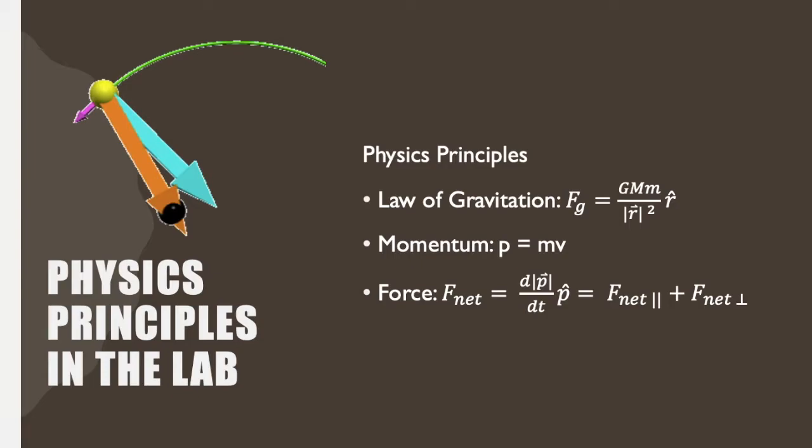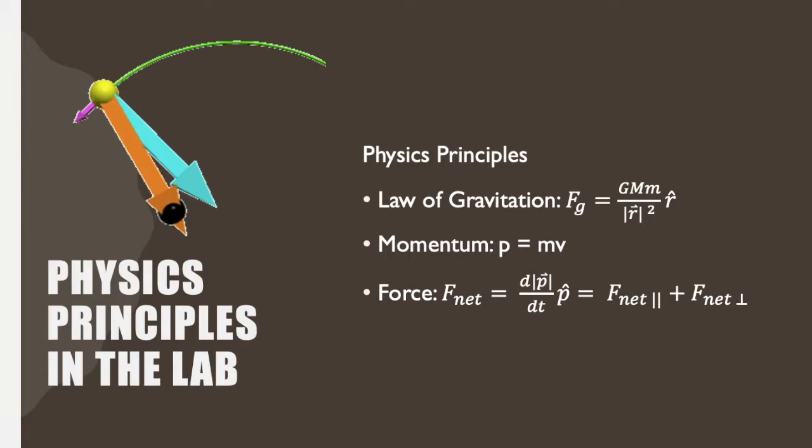The law of gravitation states that the force of gravity from an object is the gravitational constant, 6.67 times 10 to the negative 11th, multiplied by the mass of the black hole, multiplied by the mass of the star, all over the magnitude of the radius squared.